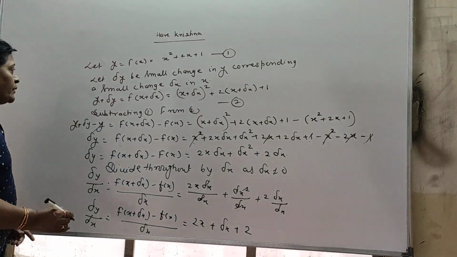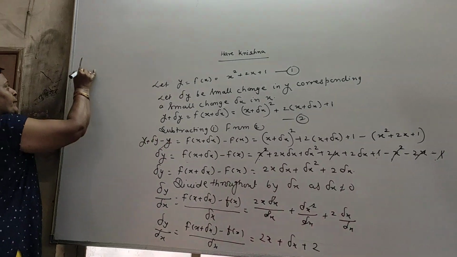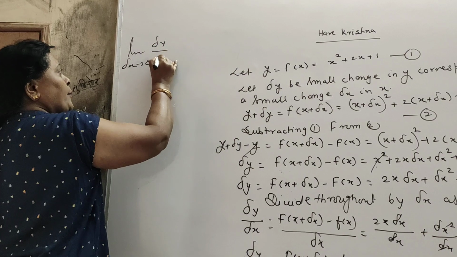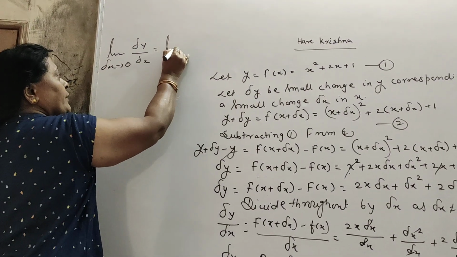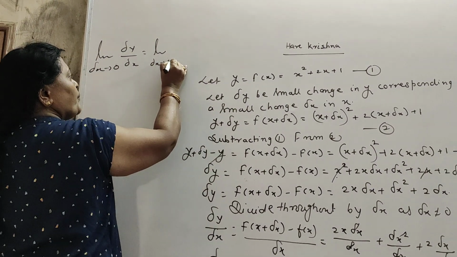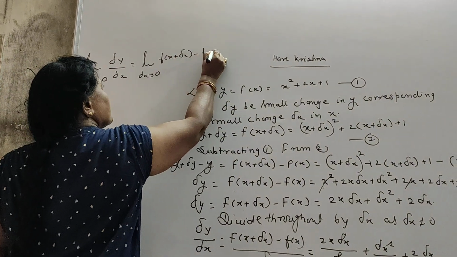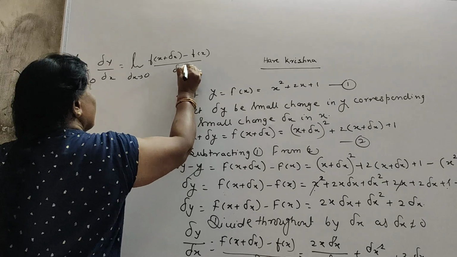Now see, you have to take the limiting position, that is the limit as del x tends to 0 of del y divided by del x, which is equal to the limit as del x tends to 0 of f of x plus del x minus f of x divided by del x.